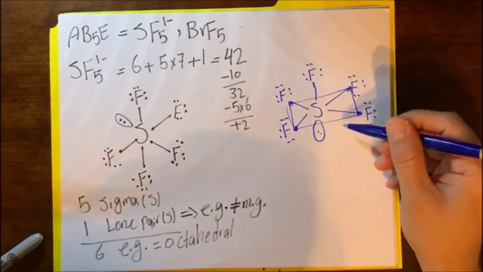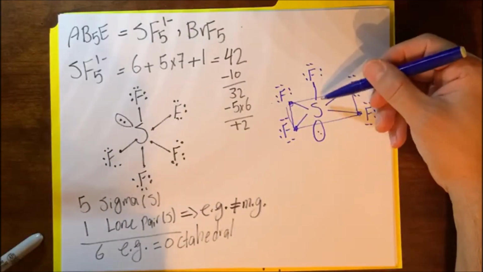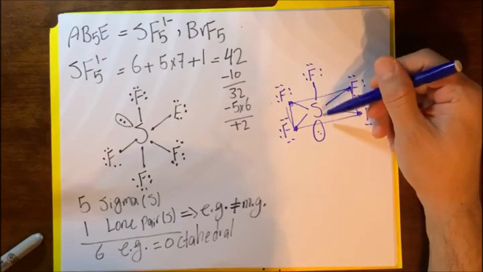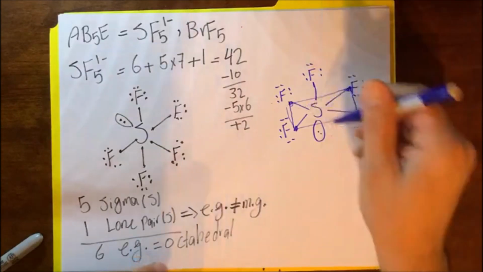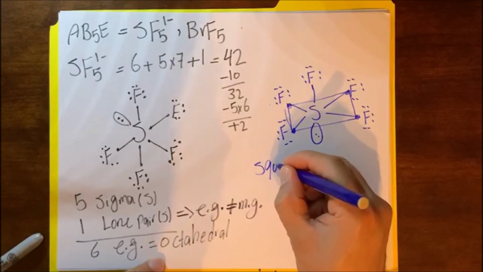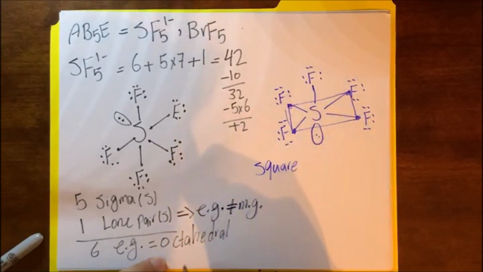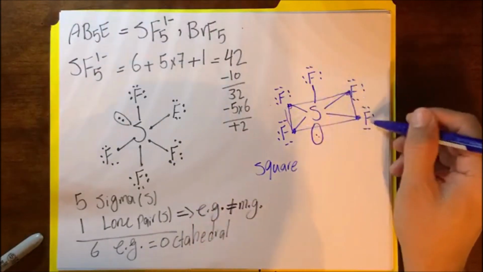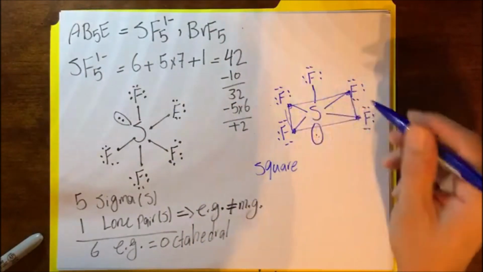At that base, it will be square. And there will be 1 axial fluorine sitting on this plane. So geometry is going to be square, because we have a base made of 4 and they are identical.